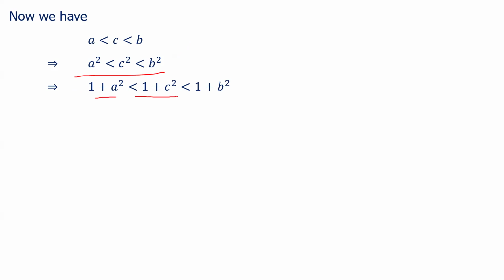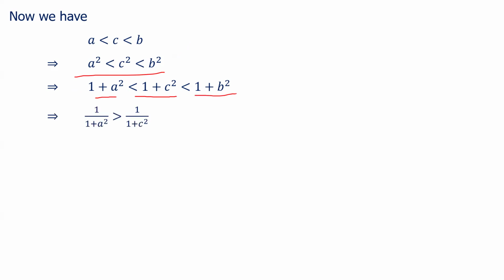So clearly a is the lower limit and b is the upper limit. If a is less than c and c is less than b, then if we square it, a square is also less than c square and c square is less than b square. If we add 1 to each and every term, then definitely 1 plus a square is less than 1 plus c square, and 1 plus c square is less than 1 plus b square.